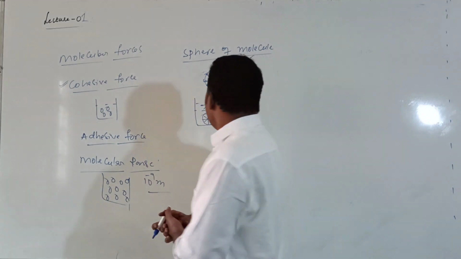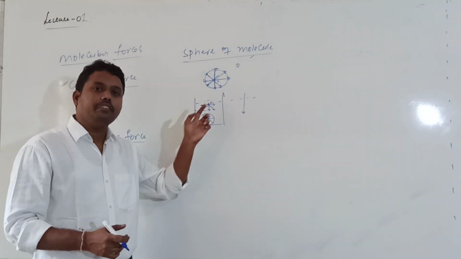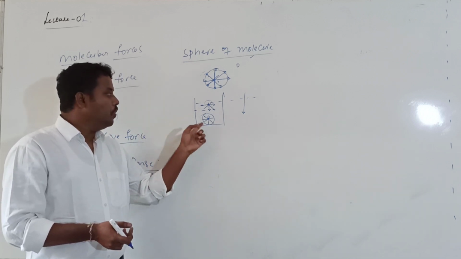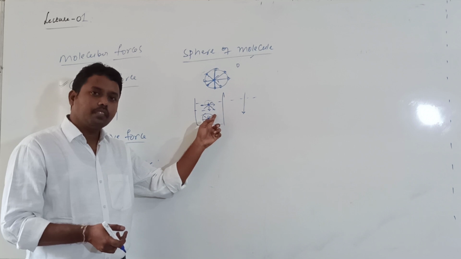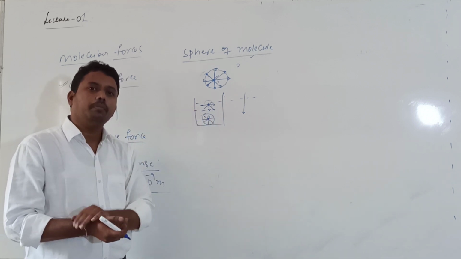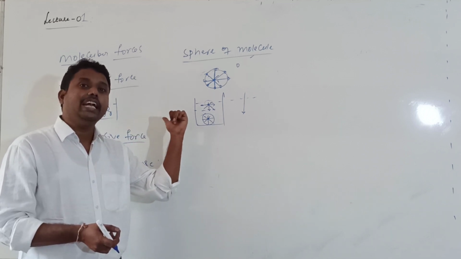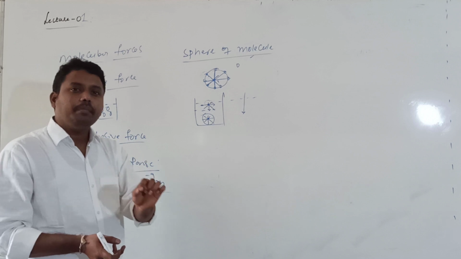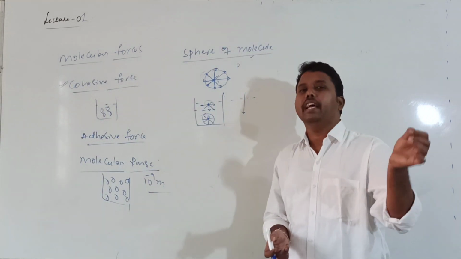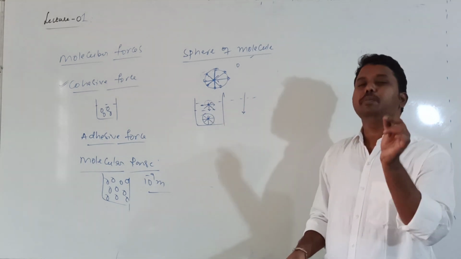For example, if I want to bring a molecule from inside to the surface, we need to do some work against the forces of the other molecules. If you want to take one molecule from the bottom to the top, the remaining molecules will oppose because of molecular interaction. To overcome that opposition, we need to apply some force, so some work has to be done.